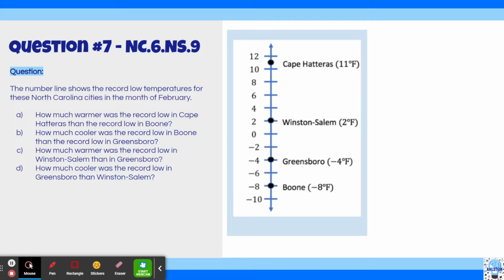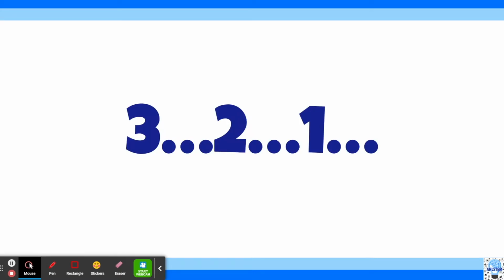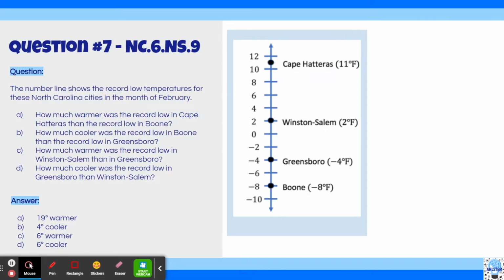C. How much warmer was the record low in Winston-Salem than in Greensboro? And lastly, D. How much cooler was the record low in Greensboro than in Winston-Salem? Pause now, solve the problem, and in a few seconds we'll check. Okay? Ready? 3, 2, 1.